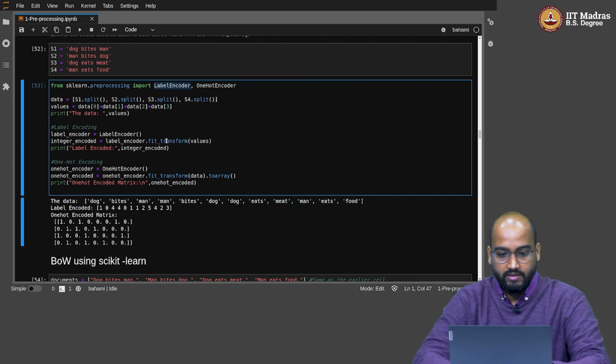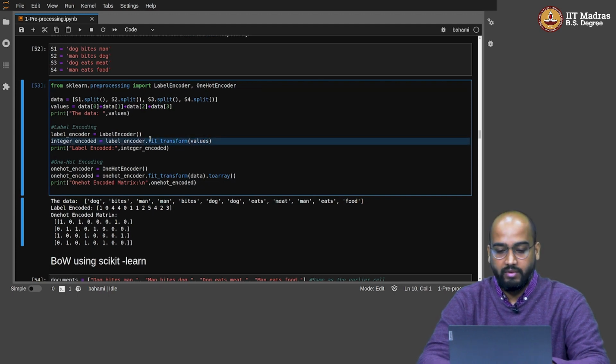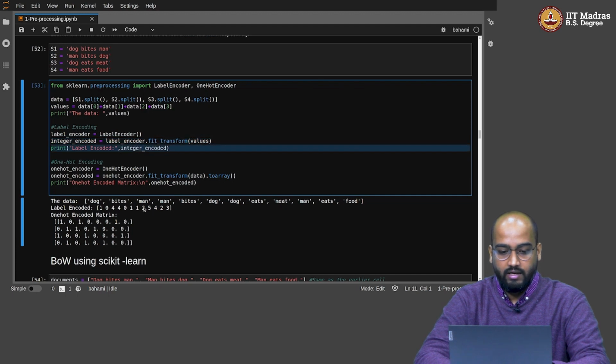It takes values as the input, which is nothing but the list of tokens. Label encoder is just counting the words. It assigns each word a particular ID, and you can see that it also keeps track of which token has occurred how many times.